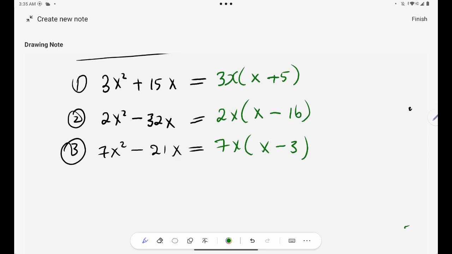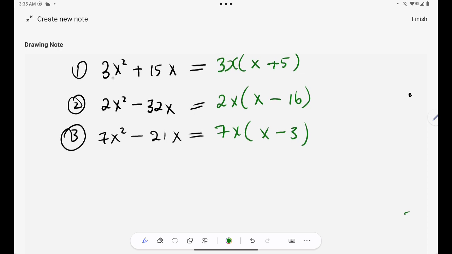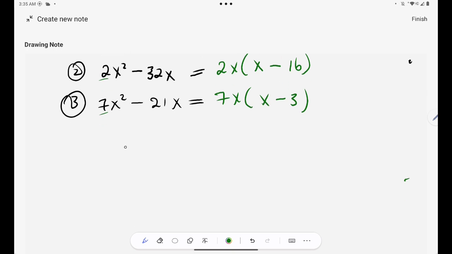Let's take another one, because it seems like the coefficient of x squared will always be common, and that's not always the case. Sometimes you can have something like 4x squared minus 6x. Are we together? The highest common factor of 4 and 6 is 2. 2 can get into both 4 and 6 without leaving a remainder. And then x is also common.